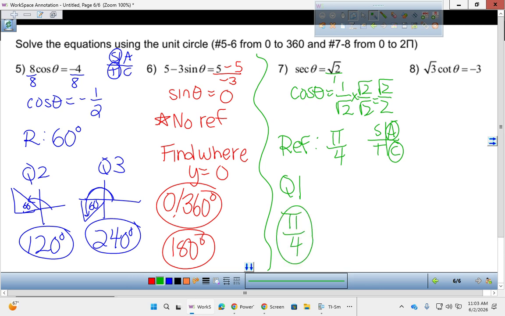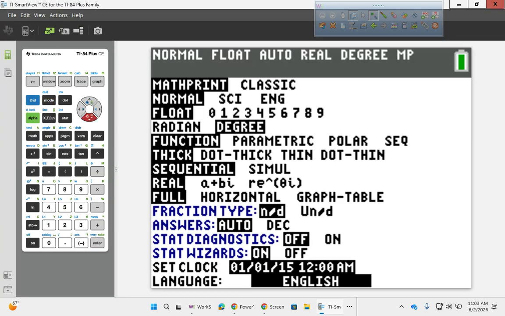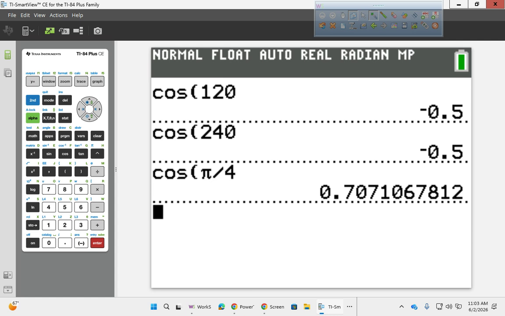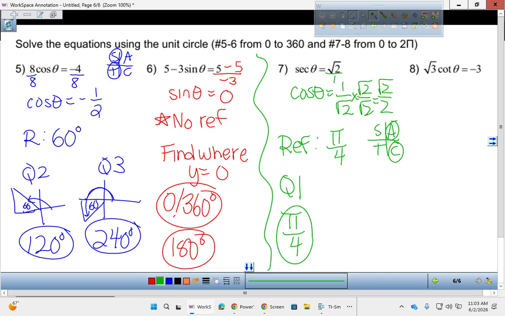And I could check that. Just know that I'm in radian mode now, so I'd switch back. And I would make sure that cosine of pi over 4 is the same thing as root 2 over 2. So that one works out. But there's one more, and it's in quadrant 4. That's right. How'd you do it?